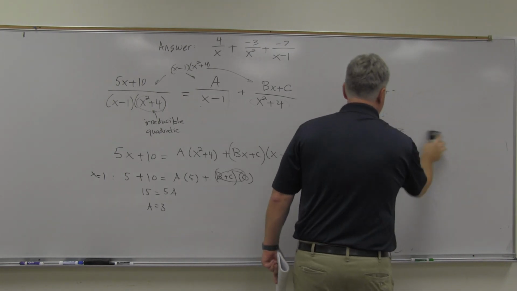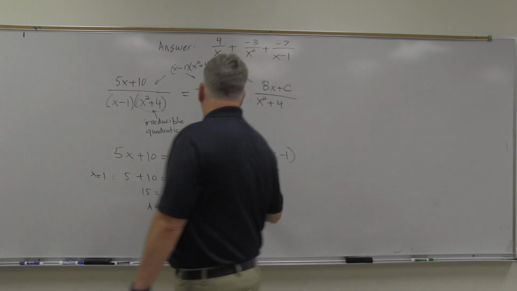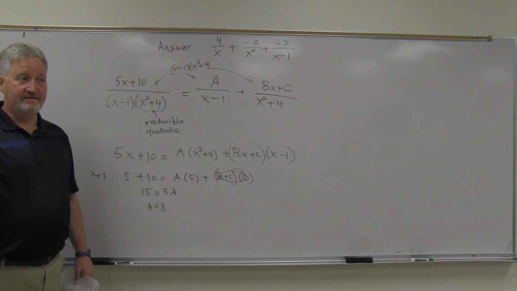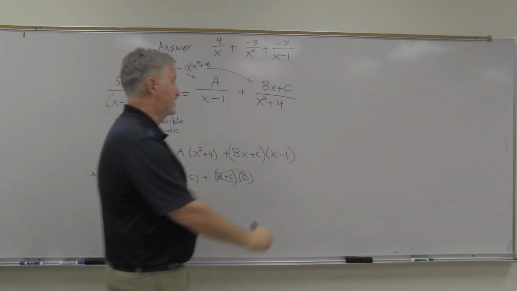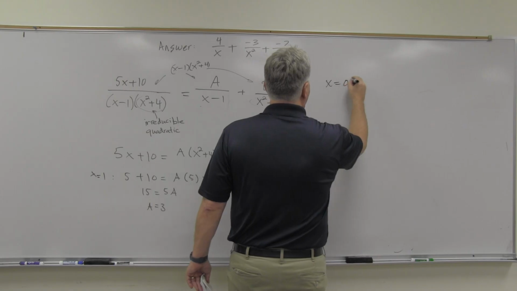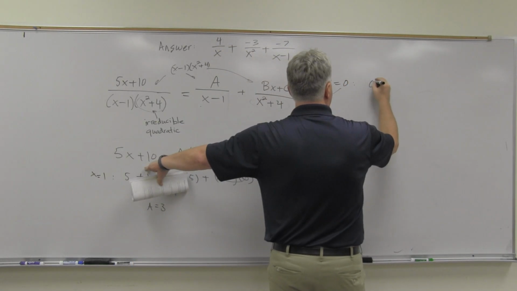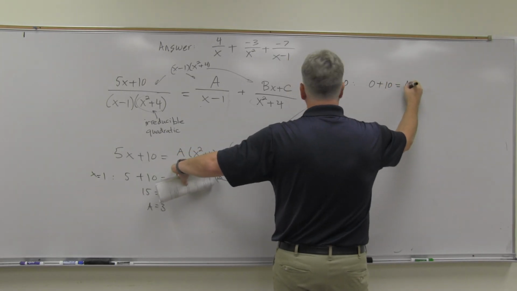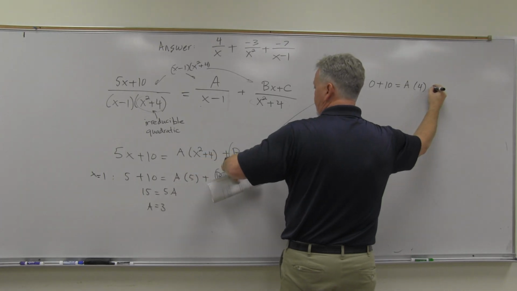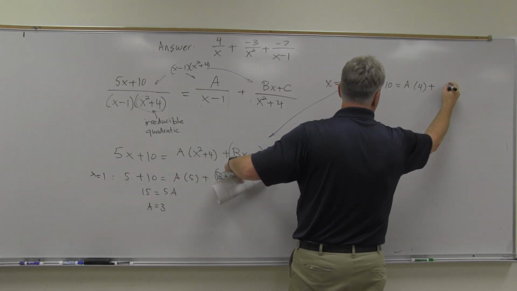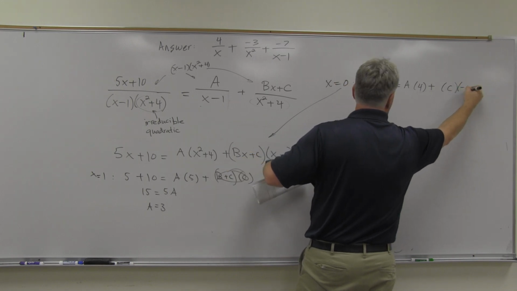Well, it'll be another obvious choice. Hopefully obvious. Since b is times x, if I do x is 0, that's going to be another excellent choice here. So plug in x to be 0 here. So that would be 0 plus 10 equals a times 0 plus 4, so that would be 4. And then plus b times 0, so that would just be c here, parentheses, and 0 minus 1 would be negative 1.